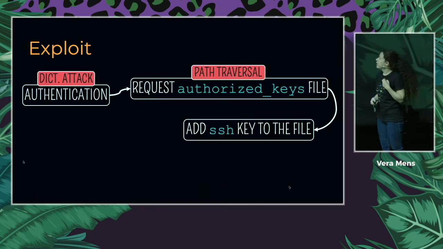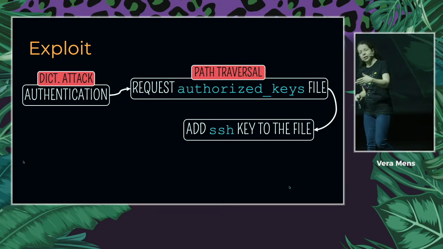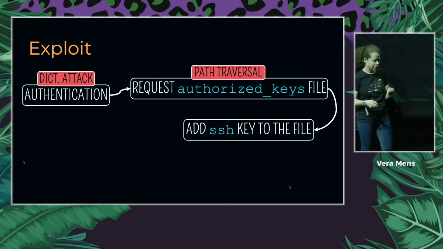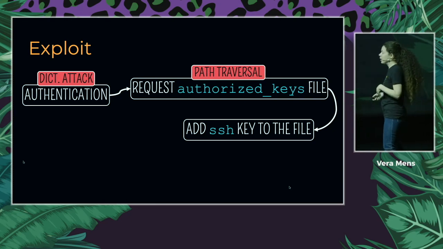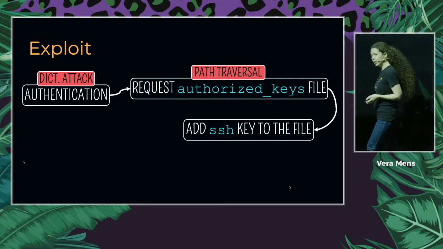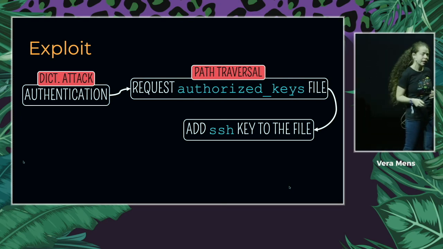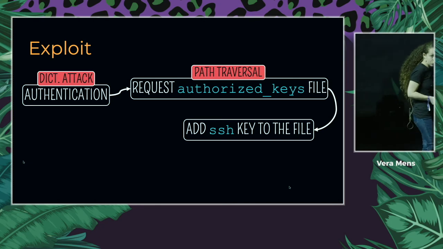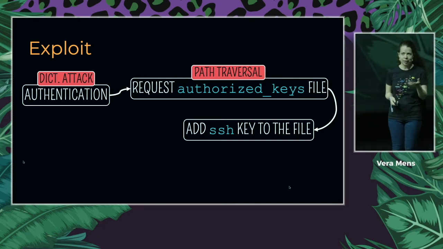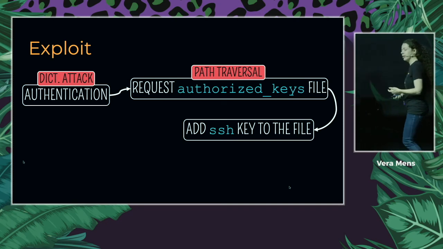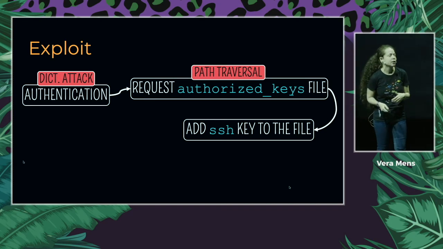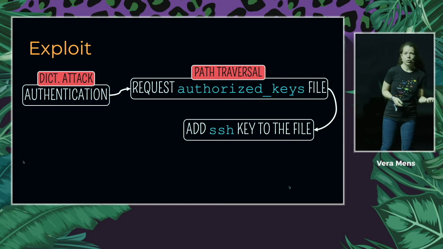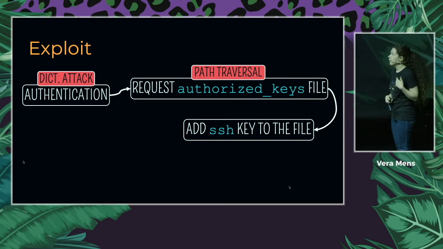So we need first to authenticate. We authenticate with a dictionary attack, the same way that I described before. And then we use our path traversal vulnerability to ask for the authorized keys file. It's not a file that should be available to the attacker or any other client. This is a file that saves all the keys that SSH will agree to authenticate with, and we will just generate our own key pair and put the file back.